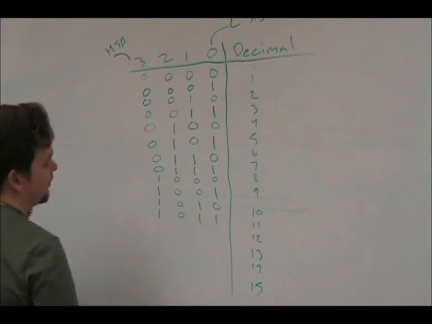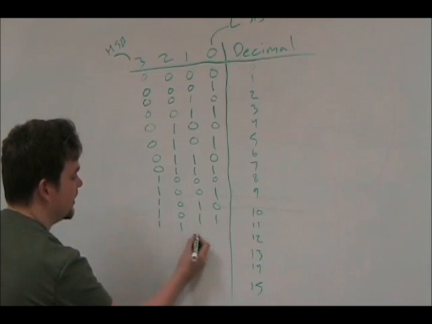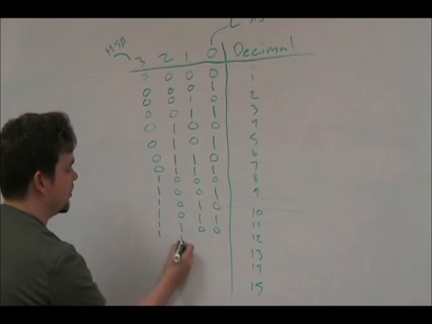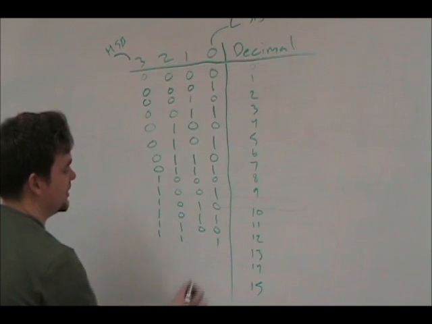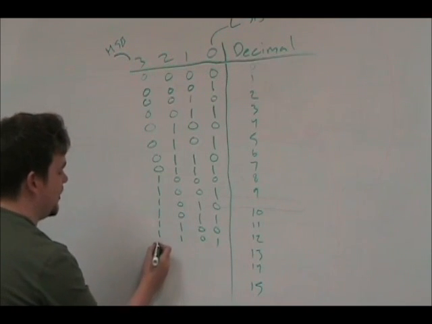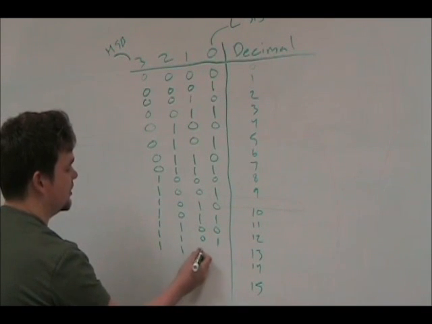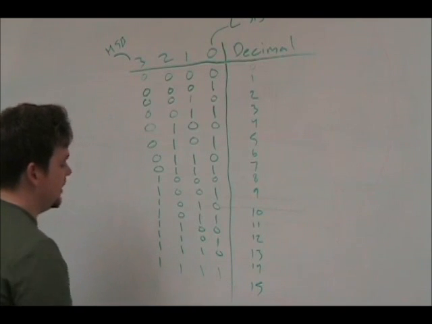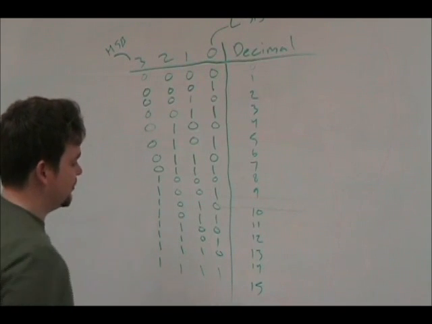When we want 12, 8 plus 4 equals 12. We want 13, 8 plus 4 plus 1 equals 13. We want 14, 8 plus 4 plus 2 equals 14. We want 15, 1, 1, 1, 1. 8 plus 4 plus 2 plus 1 equals 15.